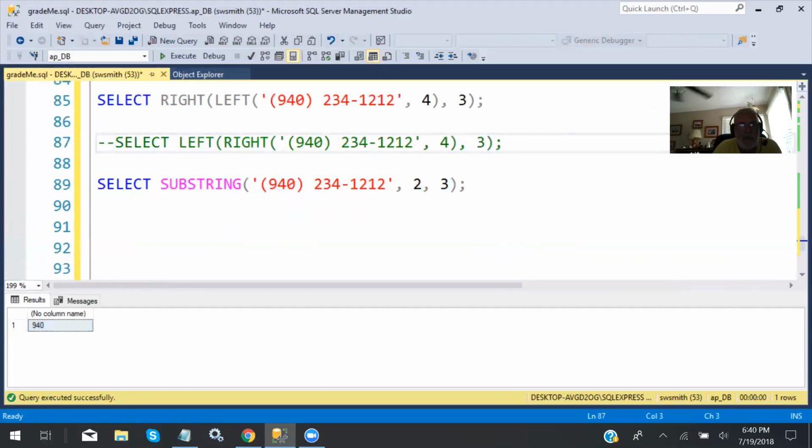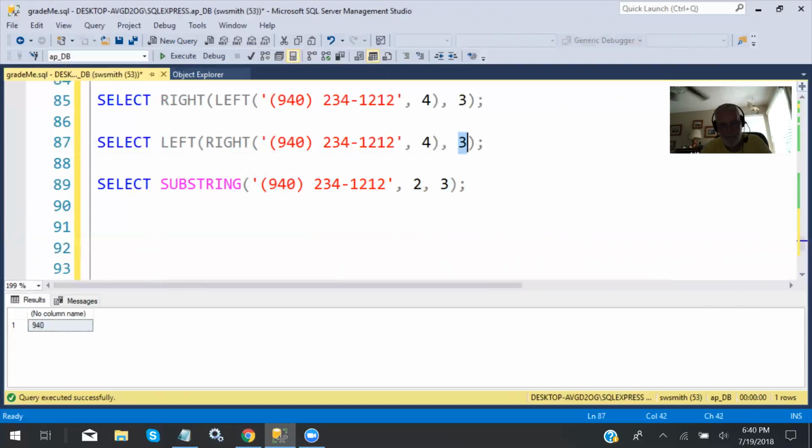For example, this one, had I said left 1, 2, 3, 4, 5, 6. What if I had said left len of this thing minus 1, and then right 3? Lots of ways I could have done this.